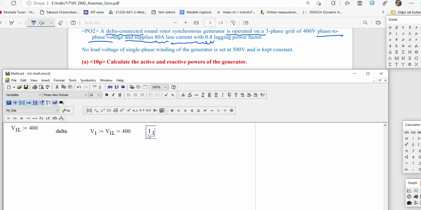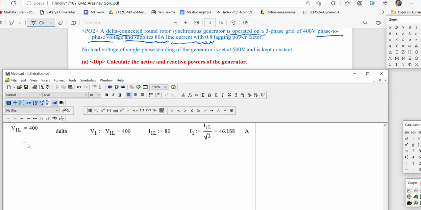Line current is given in the question as 80 amps. Since it is delta connected, single phase current is equal to line current over square root of 3. Those are the given parameters.